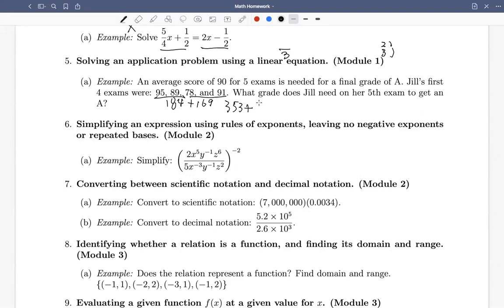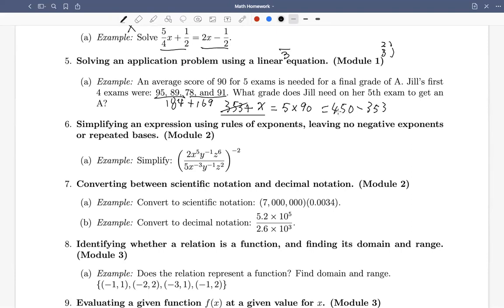So I need 1 more. Let's say the 5th grade, I don't know, let's call it X, to make an average of 90. That means I have 5 exams and the average is 90, so I do 5 times 90. That would be the total score. So that's 450. So let's solve this linear equation. I have 353 plus x equals 450. So x equals 450 minus 353.